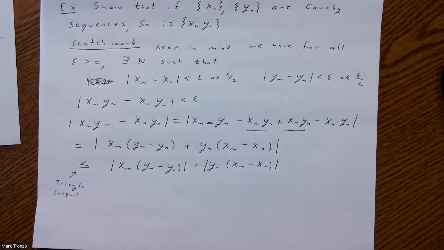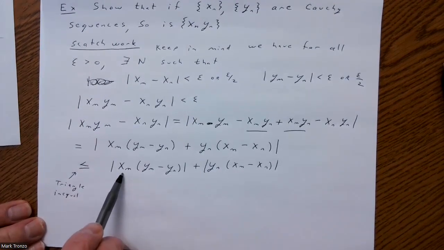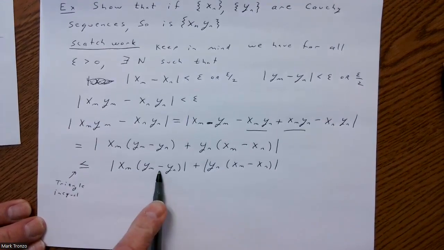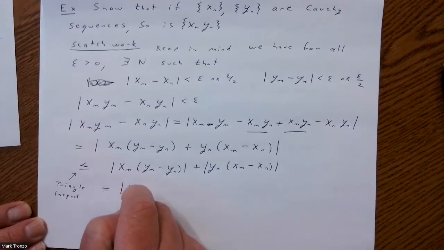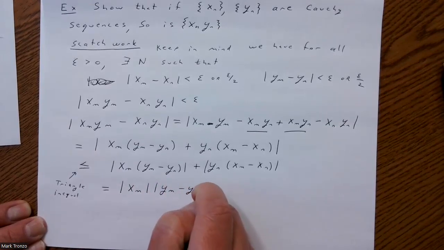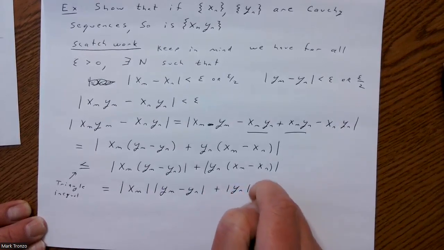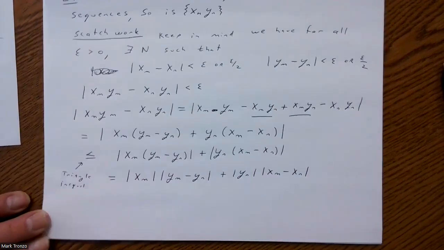And let's see if we can say also it's certainly less than or equal. I think it's actually even equal. If we have two factors multiplied together, we can separate the absolute value, can't we? And still say that this is true, like this.